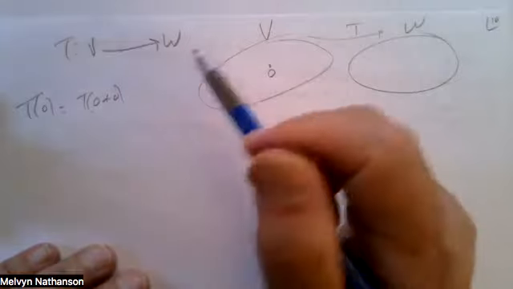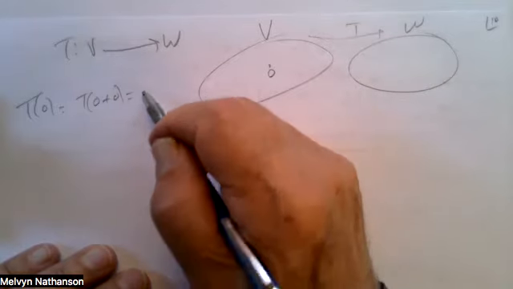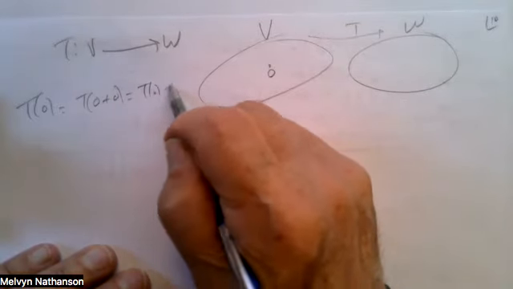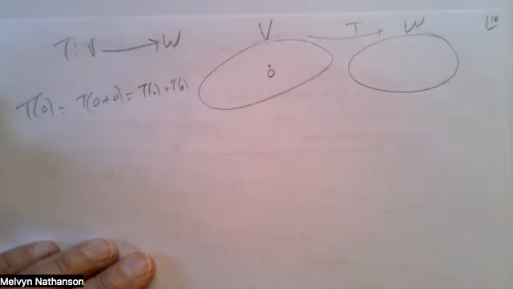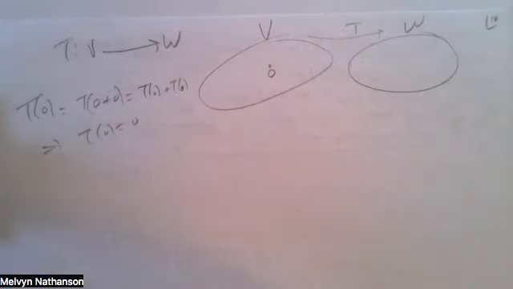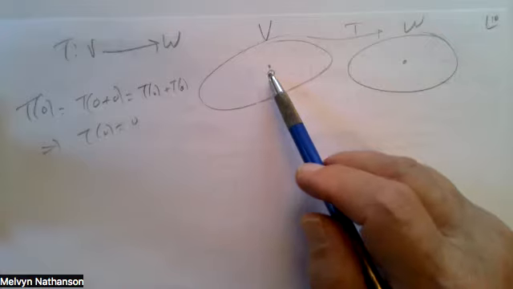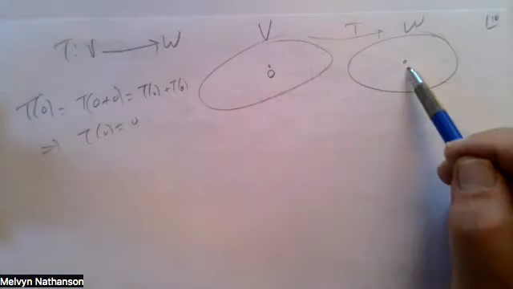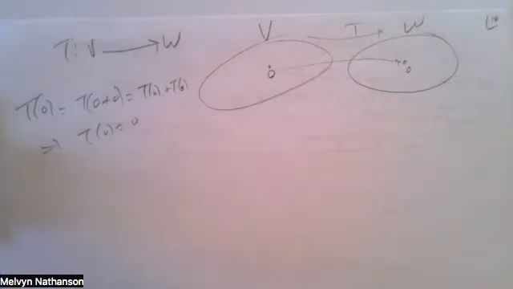So T of 0 is T of 0 plus 0. But by linearity, this is T of 0 plus T of 0. If I subtract T of 0 from both sides, I get that T of 0 equals 0. So I have the 0 vector in V and the 0 vector in W, and T maps the 0 in V to the 0 in W.